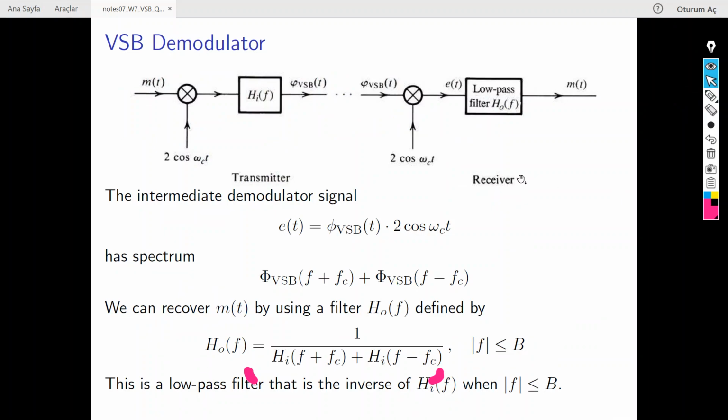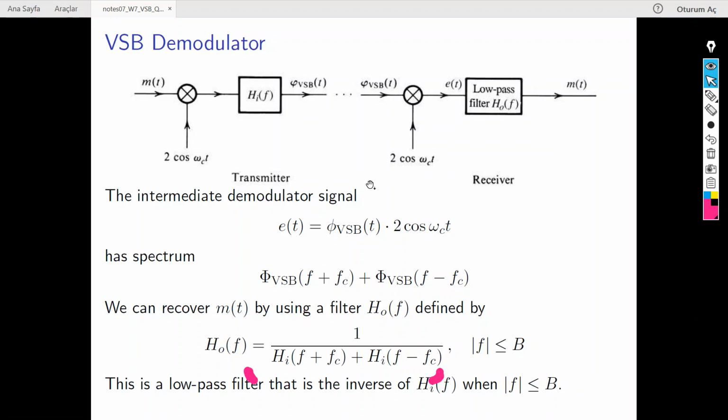Here is the filter. The filter H naught of f should be 1 over Hi of f plus fc plus Hi of f minus fc, where the magnitude of f is bounded by the bandwidth B. So here E of t, you understand that it's coming from multiplying the vestigial sideband with the cosine omega ct.